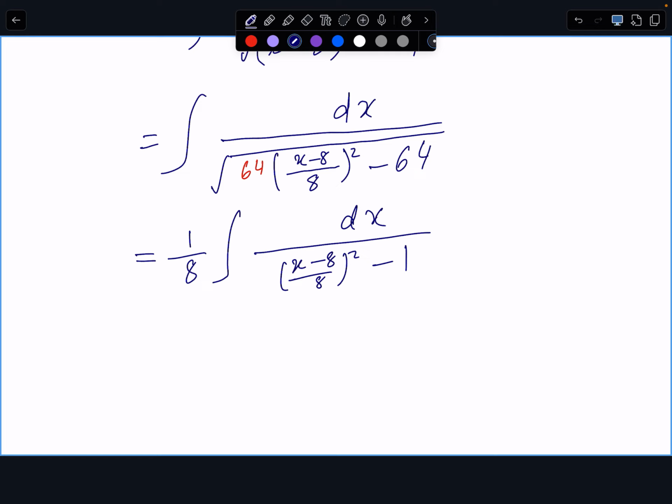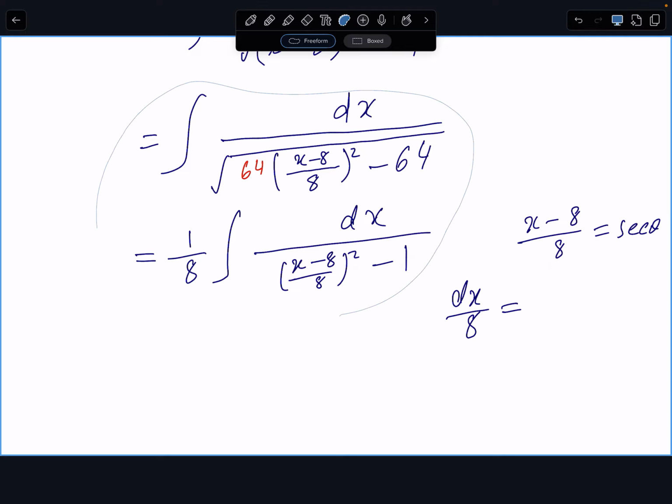Dx. And now we're going to say x minus 8 divided by 8 equals secant theta. Dx over 8.